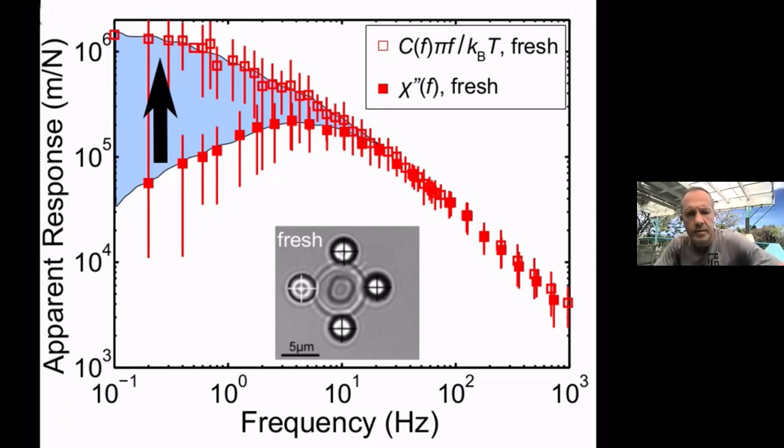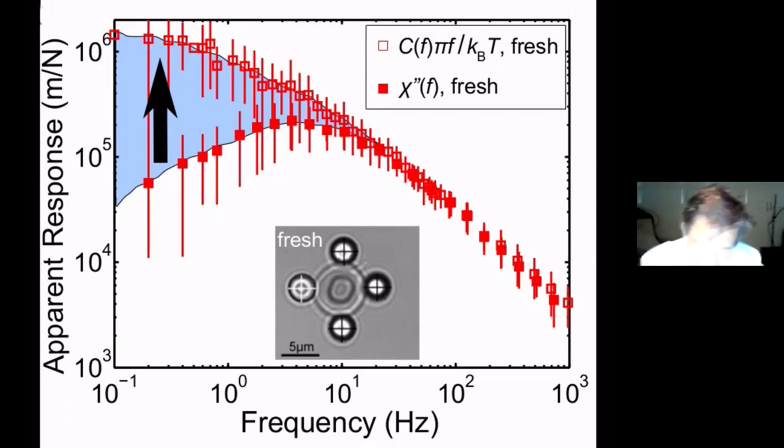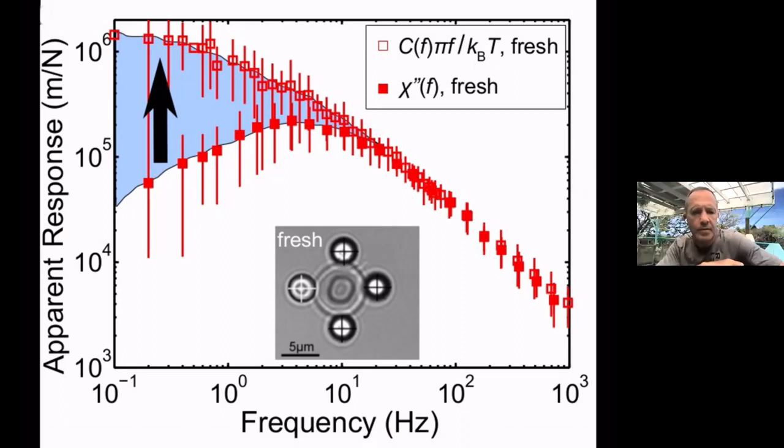At equilibrium, the square point, which is the upper curve, is multiplied by frequency and divided by KT in such a way that it should be equal to chi double prime.